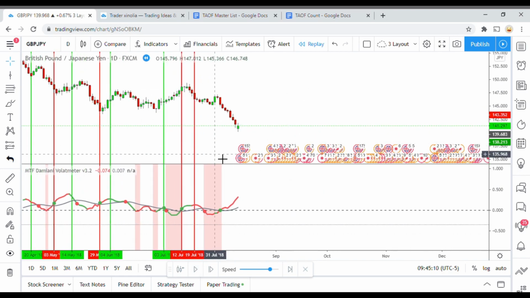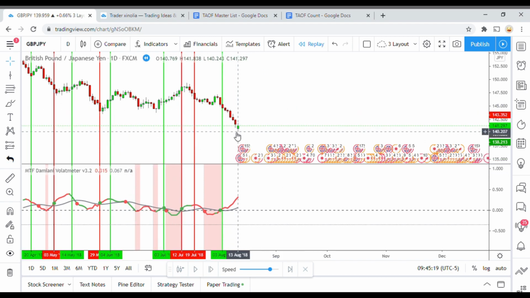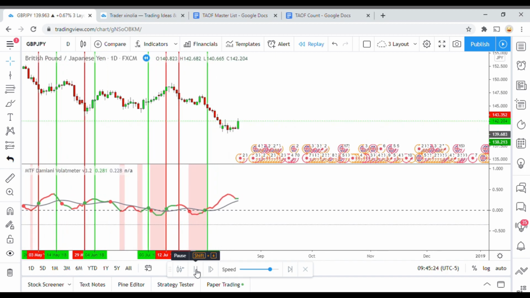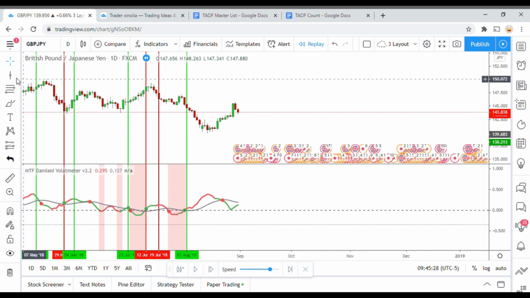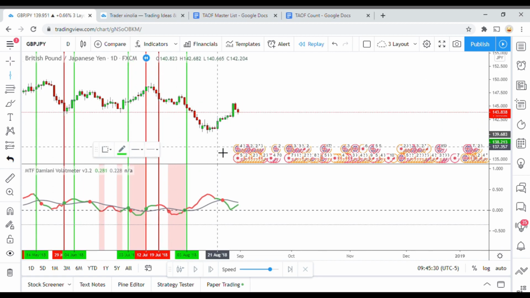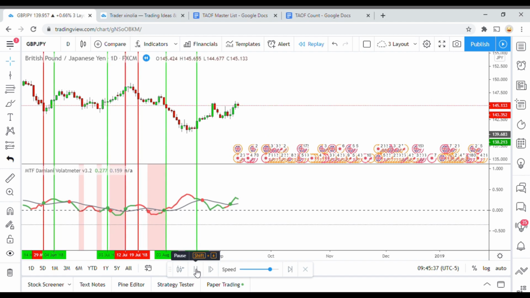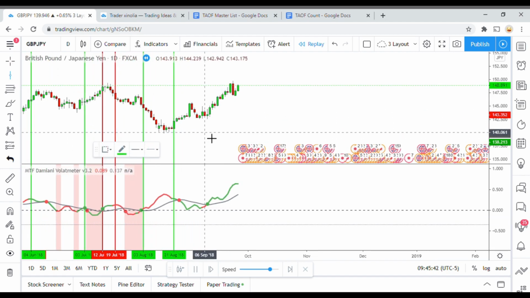Pick up a good short right there. Seem to be having a fair number of wins and a fair number of losers, all kind of intertwined here, so it's definitely early to tell what's going to happen. Just keep playing it out here.